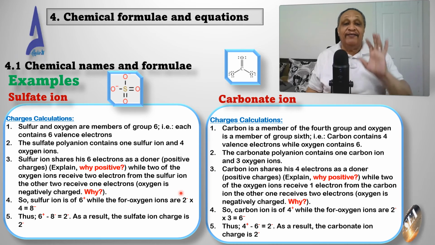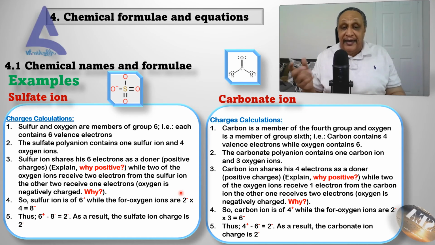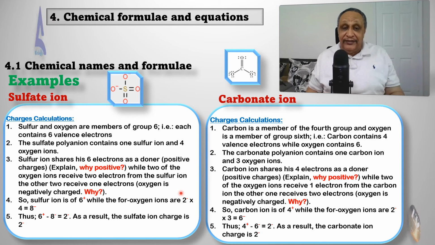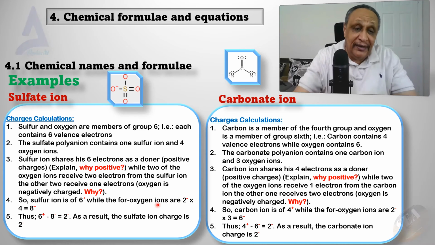Okay, so I have 6 positive, while I also have 4 oxygen ions. 4 multiplied by 2 equals 8, so 6 minus 8 equals minus 2.